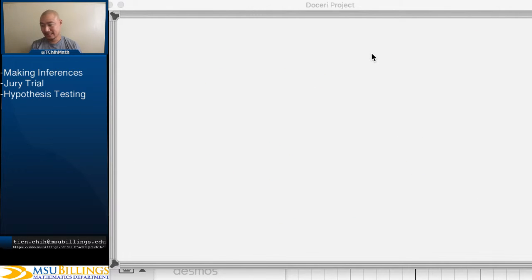And so that's a really important thing to keep in mind as we move forward. These are the basic steps for hypothesis testing. The first thing we'll do is assume H naught. We're going to assume that the null hypothesis is true.